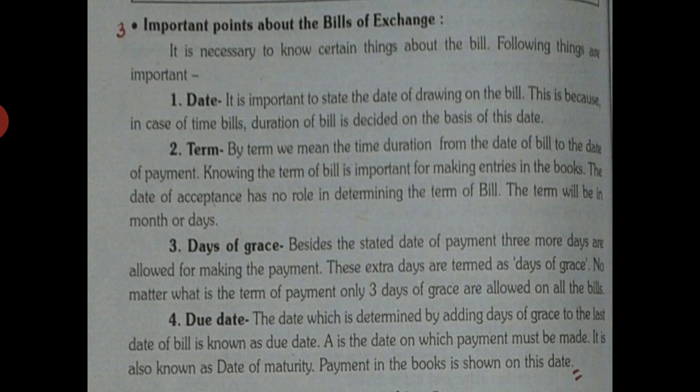Then days of grace are allowed, 3 days after the maturity date or after the date of repayment. 3 more days are allowed to debtors for making the payments. And the due date is also written on it, when it falls due, so when the debtor has to make payment.